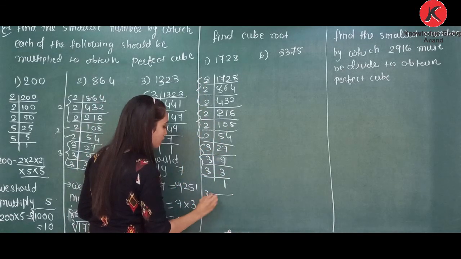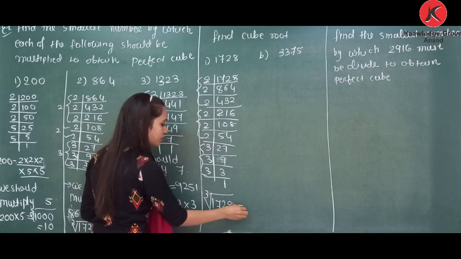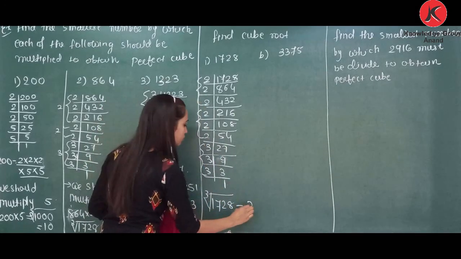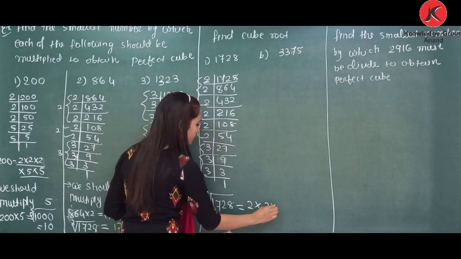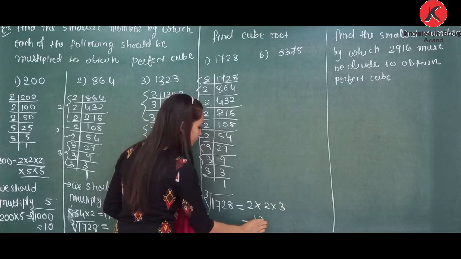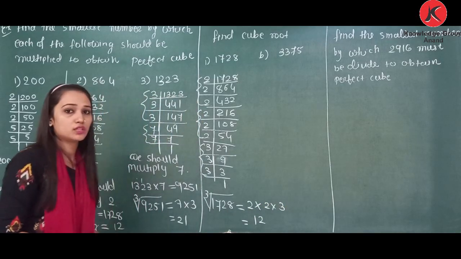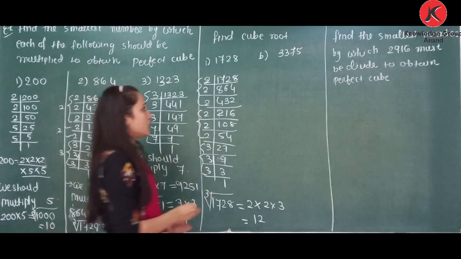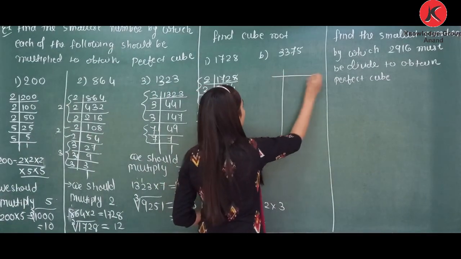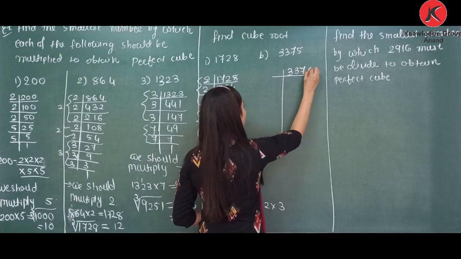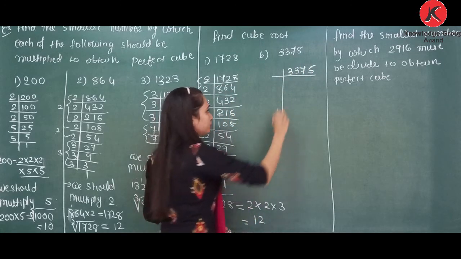So for the cube root of 1728, take 2 multiply 2 multiply 3, so that is 12. The cube root of 1728 will be 12. Next, 3375.